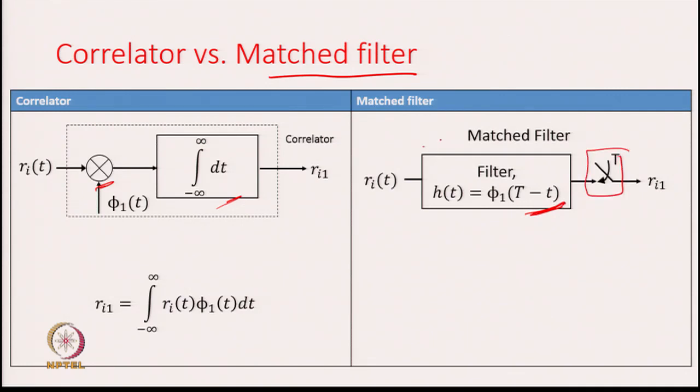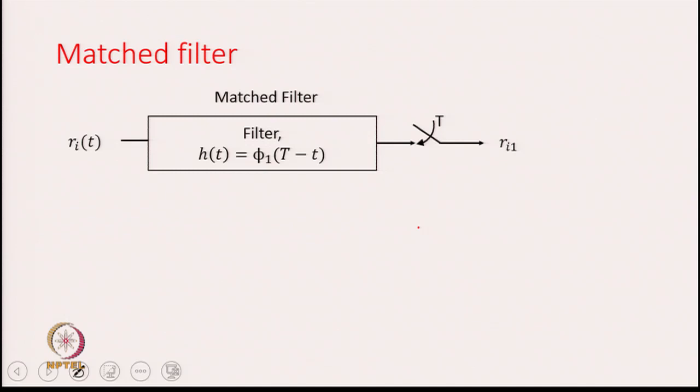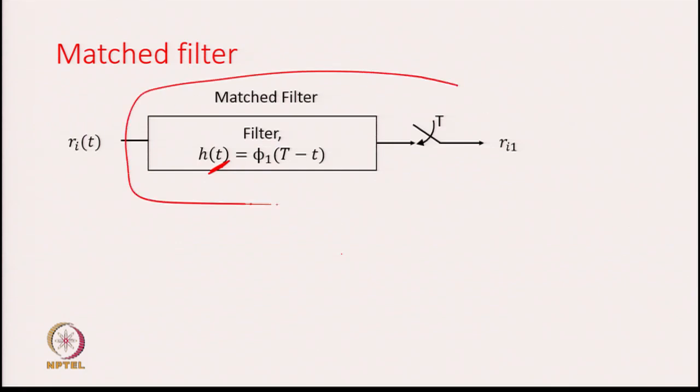Okay. So, let us see what is the output of this block. Suppose I have a matched filter which has an impulse response like this. Let us investigate the output of this system. Let us first concentrate on the output y(t) at this point.